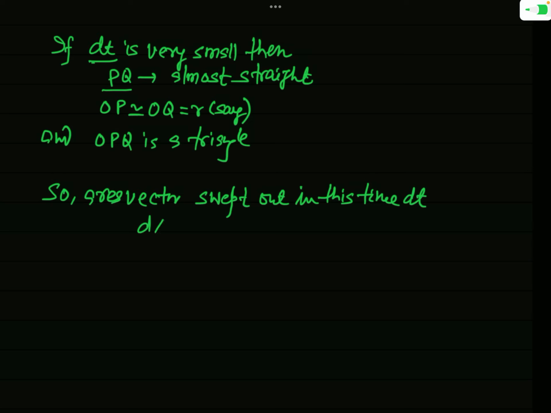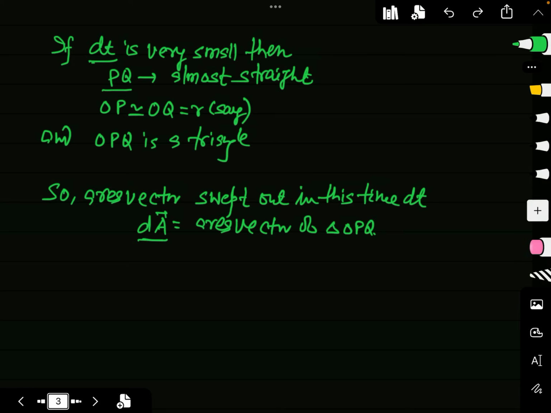If it is dA, then this will be equal to the area vector of triangle OPQ. Okay. Now let us try to find the area vector of this triangle OPQ.